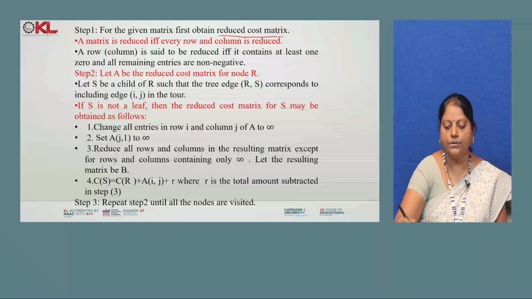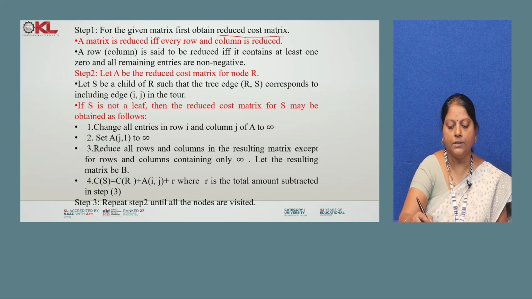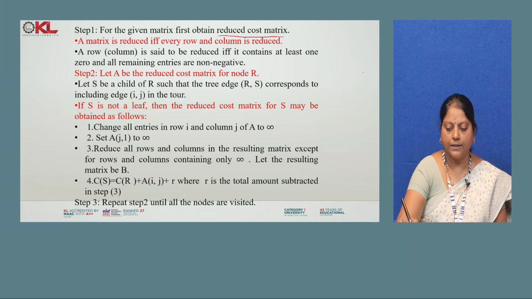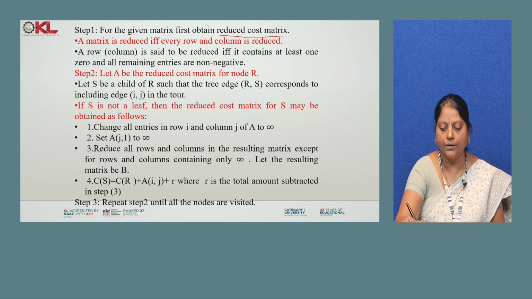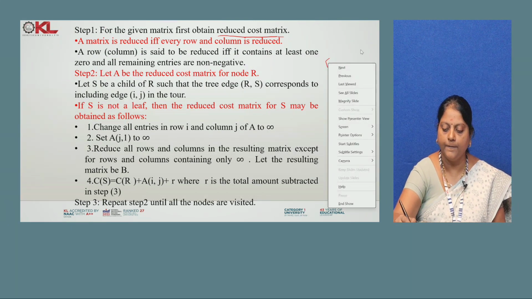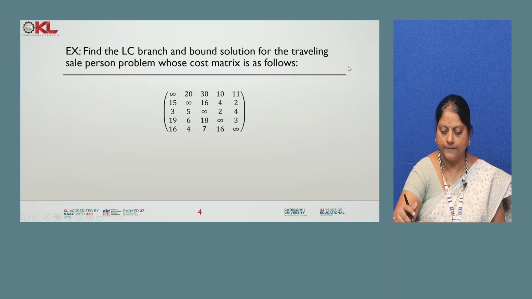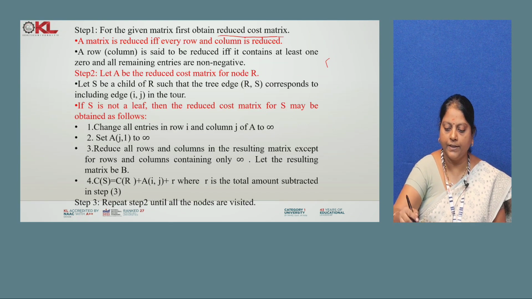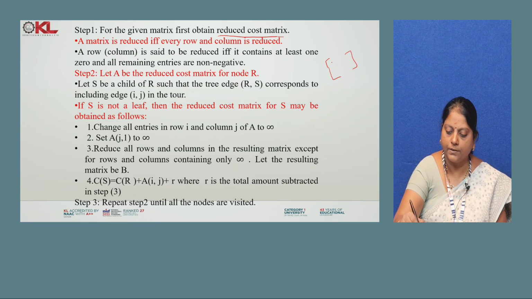What is a reduced cost matrix? In a reduced cost matrix, every row and column must have at least one zero element. For example, I am considering an array; suppose it is a 3 cross 3 matrix.